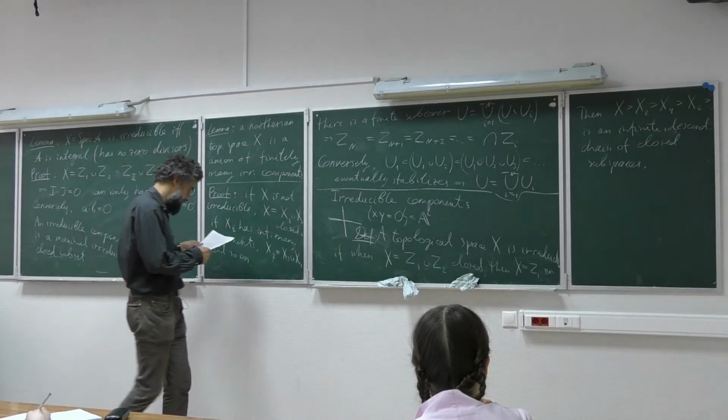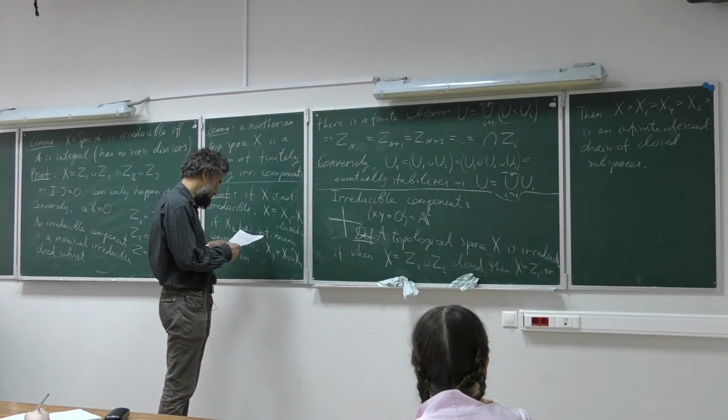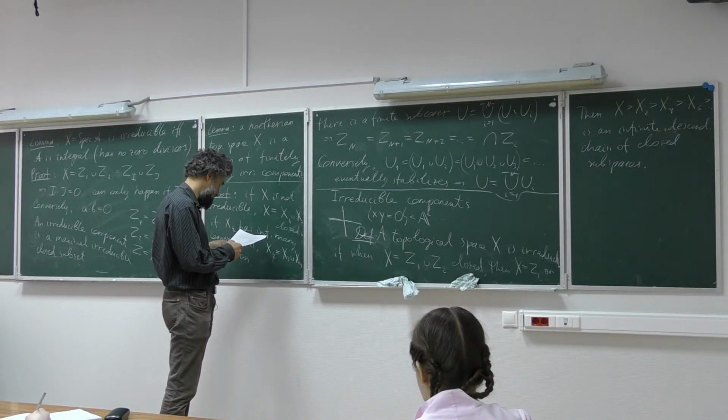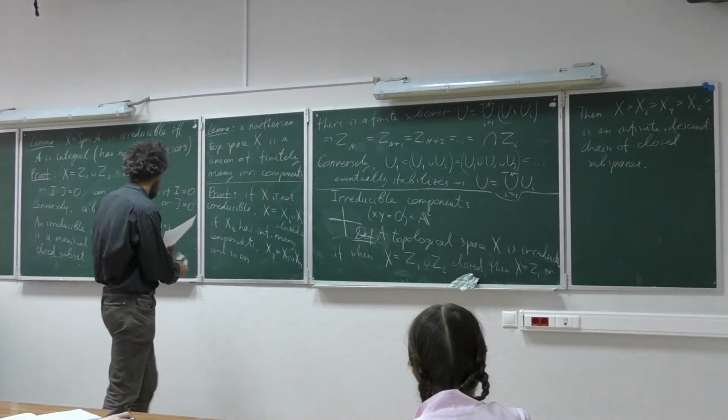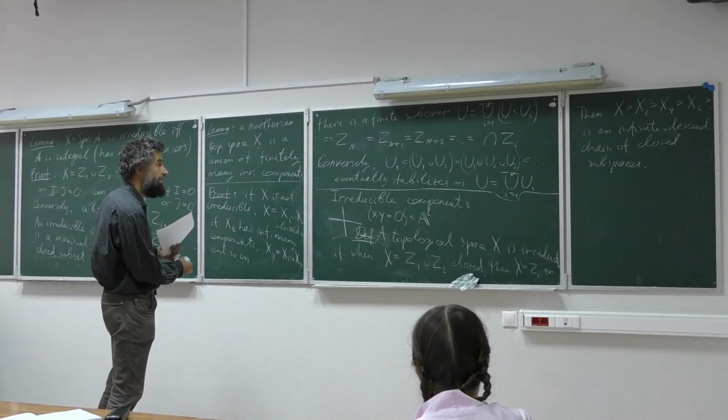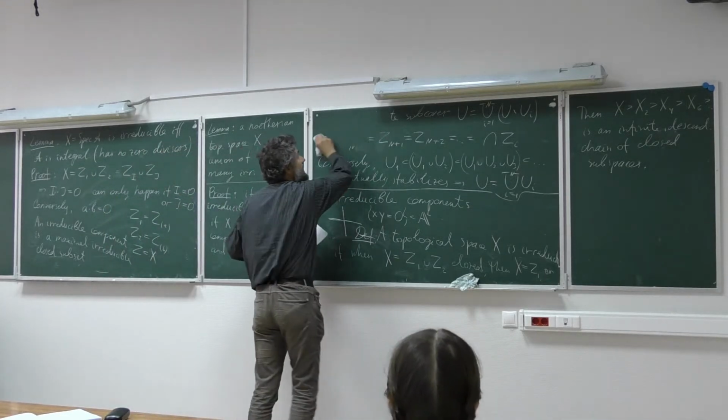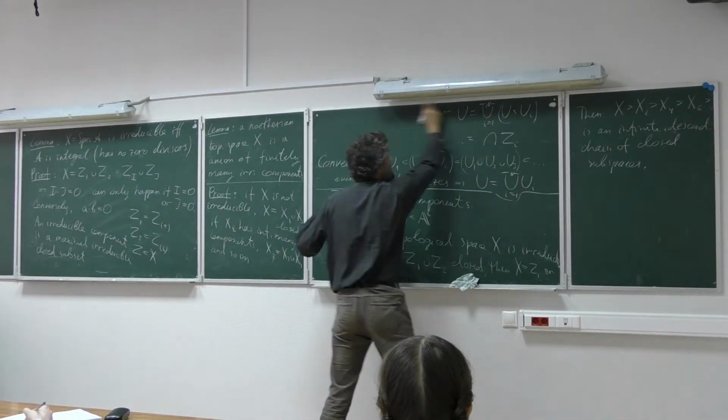What else do I want to say? Again, what does it mean for affine algebraic varieties?